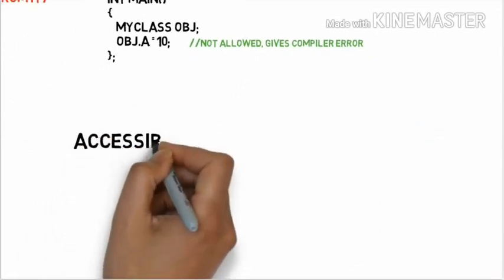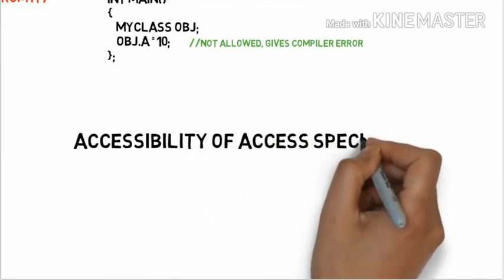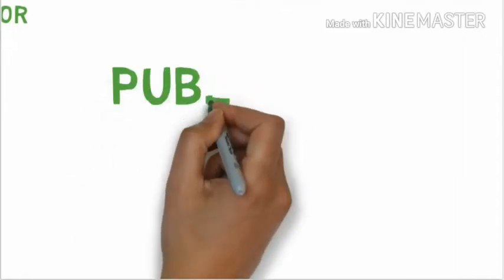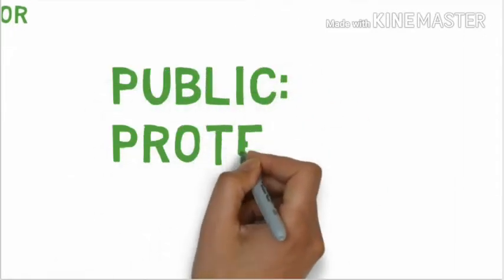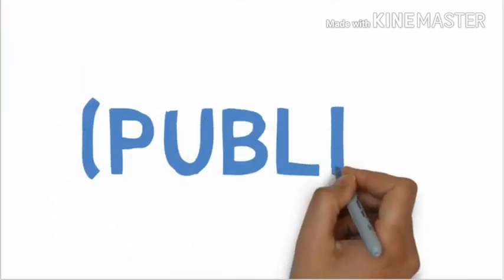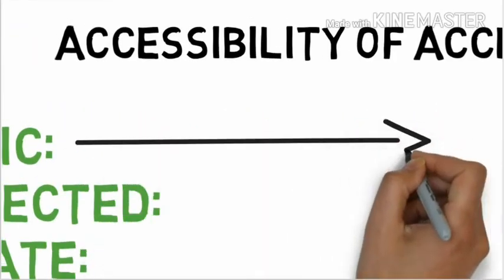Now let's see how the accessibility changes by inheritance. The three specifiers are public, protected, and private. Now if we try to inherit them as public, the public will be inherited and remain public.